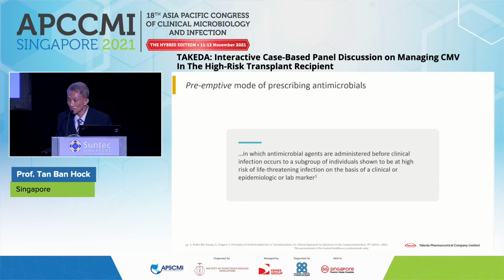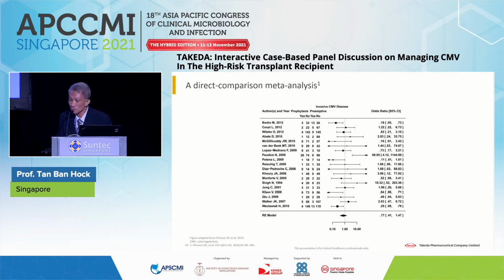You must be able to identify a certain subgroup, and preemptive modes of prescribing antimicrobials are only possible with technological advances. And the advances in the mid-1990s were, of course, the ability to detect CMV quickly, either by the antigenemia assay or the PCR. So which is better?